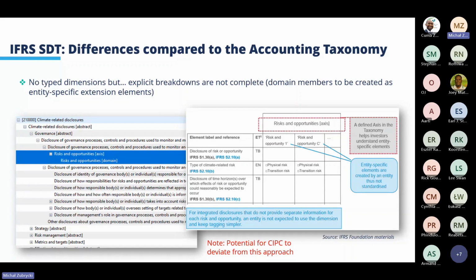So this staff draft from May was probably more convenient from the perspective of the way we are defining the XBRL program at the CIPC, where no extension of the taxonomy is allowed.